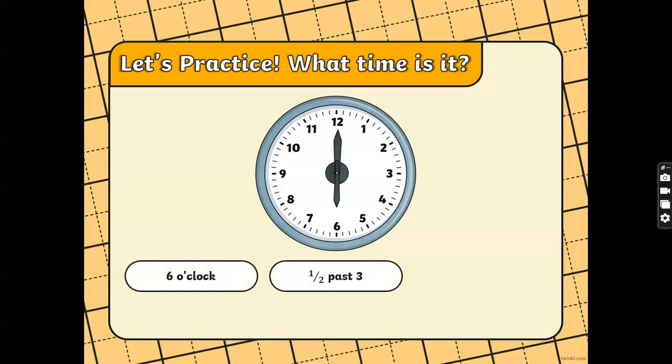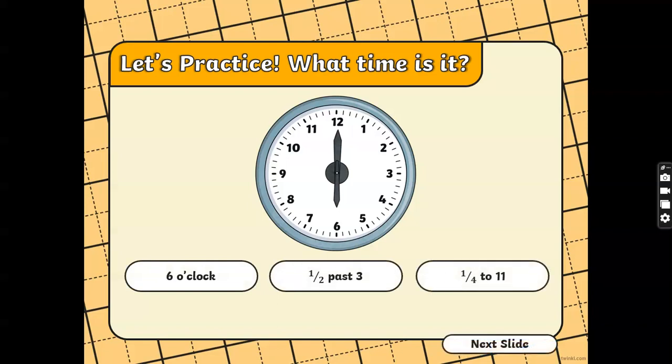Another one. How do we represent it using the standard form, hours and minutes? The short hand, which is the hour hand, is pointing to which number? Number 6. So we write 6. And now the minute hand is pointing at which number? Number 12. Excellent.